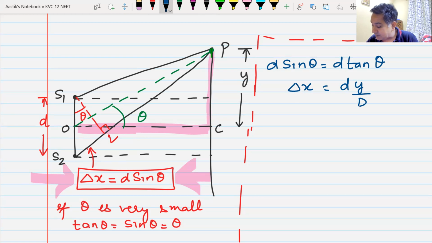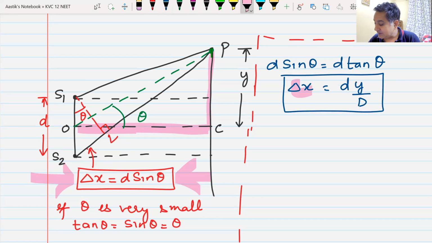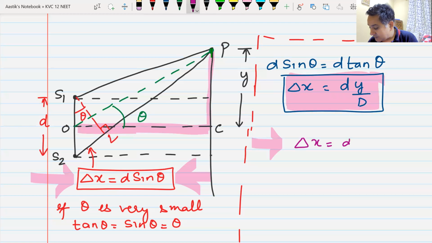So the shortcut formula for path difference becomes this. There are two things that you must understand. Two ways in which I have written path difference. I'll give you 2 minutes. The first way in which I have written path difference is the actual way. The actual way of writing the path difference, delta x, is d sine theta.